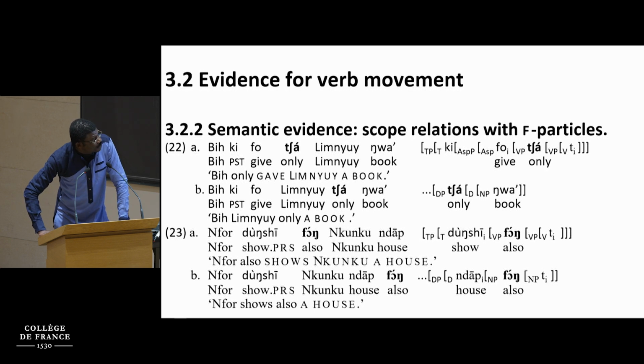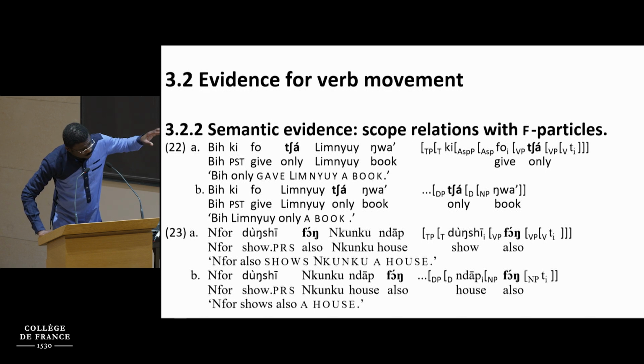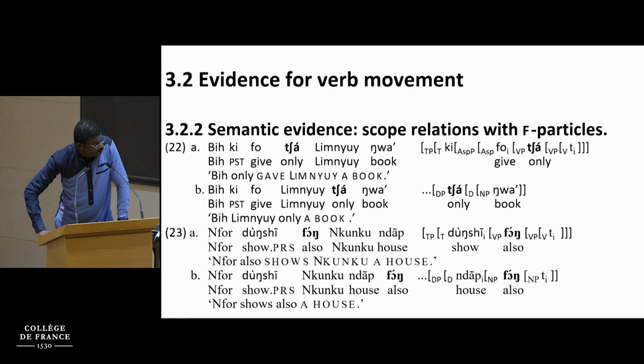Here you have "also" following the focus, which is VP focus, and the idea is that the verb has to start low and raise over the focus operator. The last one is very interesting because you have a focus operator following the focus, which is "house".